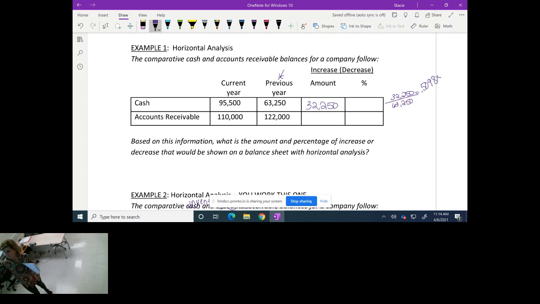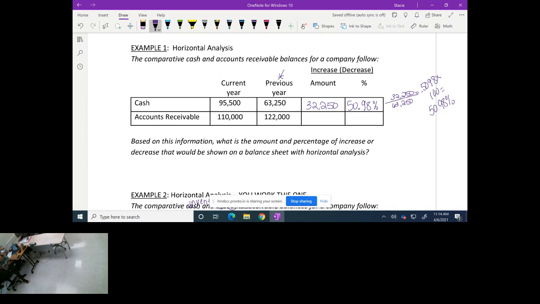When you get answers like that and you know it's supposed to be a percentage, multiply it by 100, that's going to give you your percentage. So that cash increased 50.98%. That make sense? Don't you see it done? Okay.